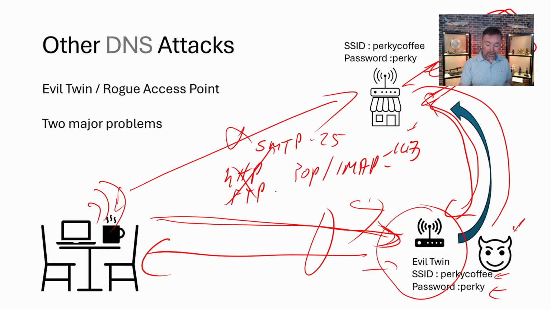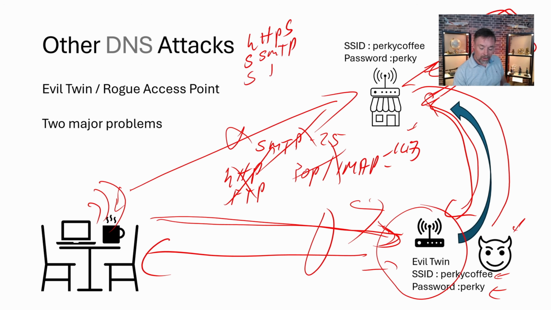So never use these unsecure protocols. Always use HTTPS. Always use secure SMTP and secure POP, or sometimes called POP secure, and secure IMAP. So these are the secure protocols you should be using.